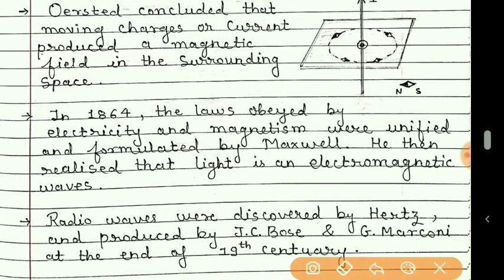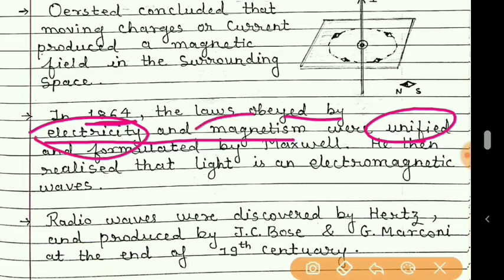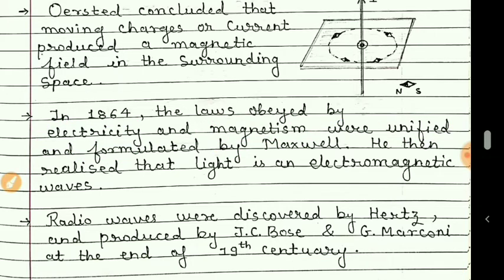Now in 1864, the laws obeyed by electricity and magnetism were unified. Means earlier electricity and magnetism were studied as individual branches, but with this discovery, these two branches were unified, and other scientists also contributed to that.